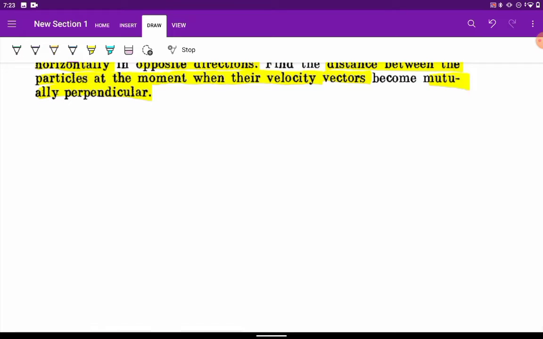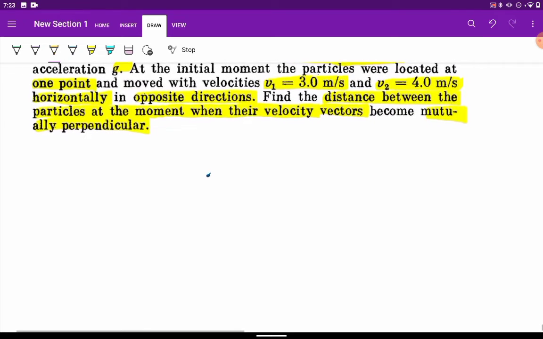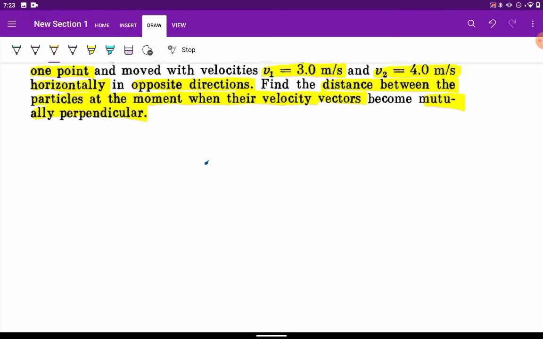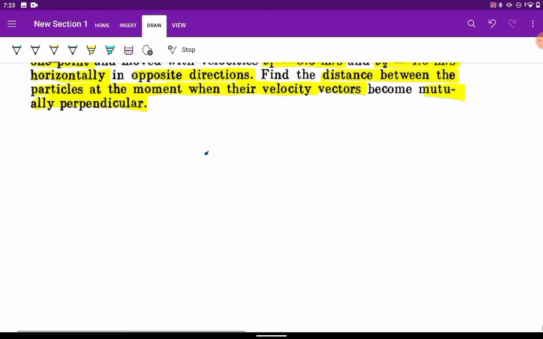Let's say the point of origin, the initial starting point, of the two particles. They are basically moving horizontally in opposite directions initially.